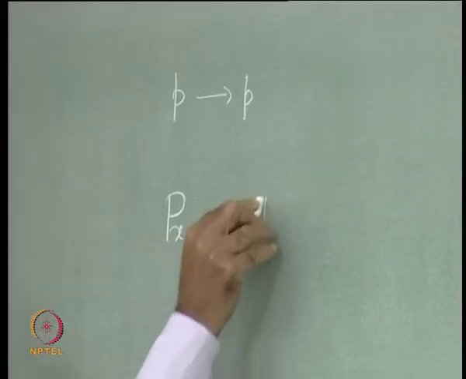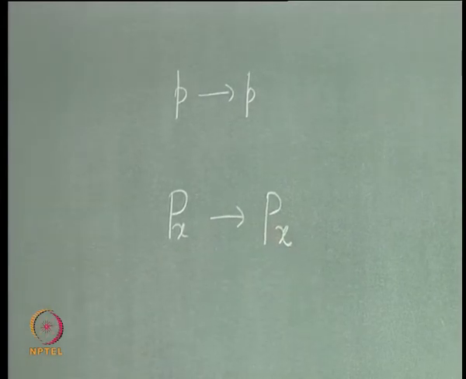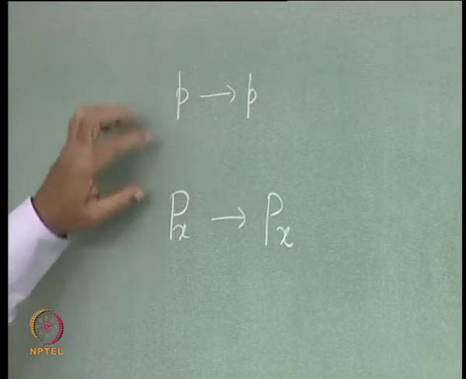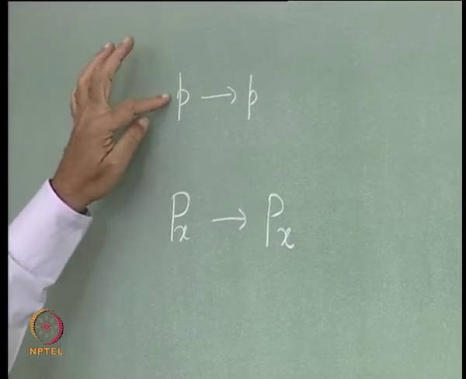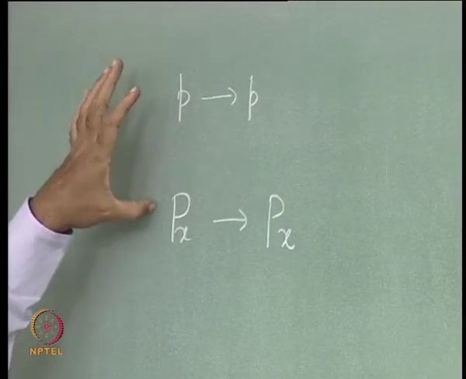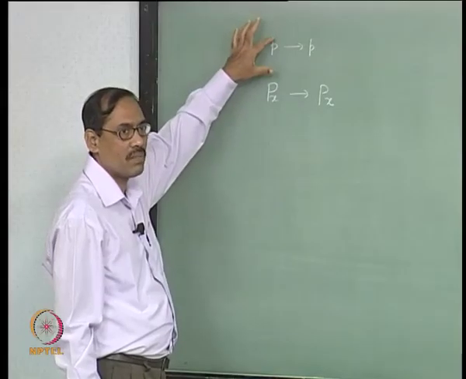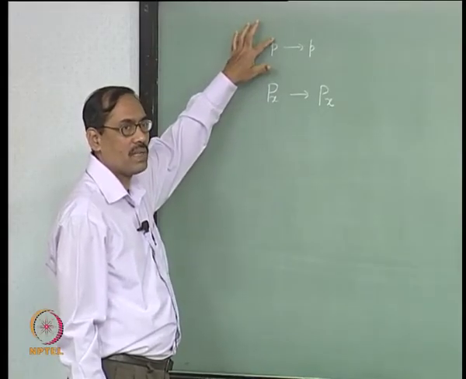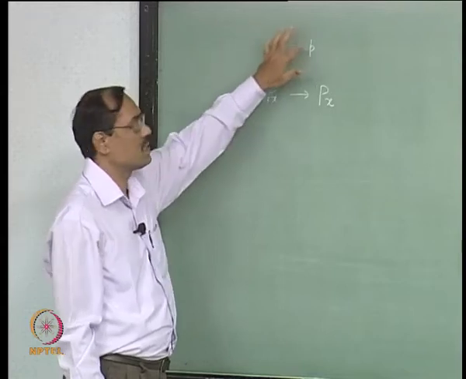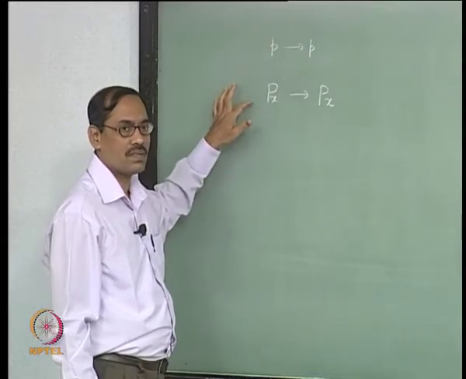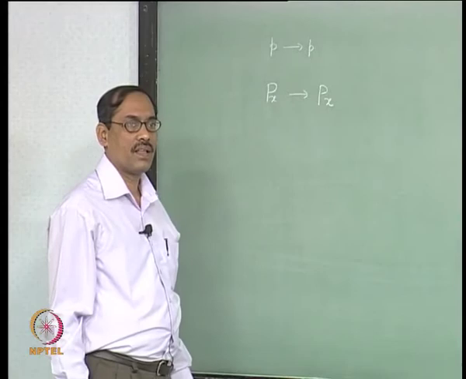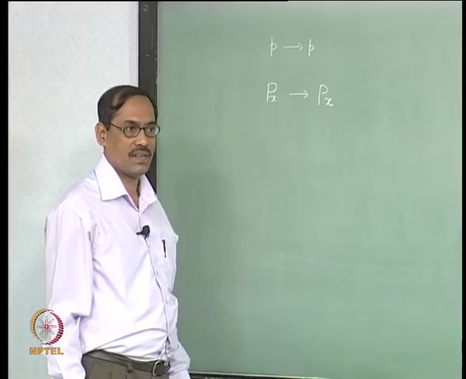So, I would get Px implies Px. Now, I consider a state which evaluates this the same way as the interpretation evaluates P implies P. Then immediately we can say that the interpretation satisfies this if and only if this state satisfies this. That is what we want to preserve first.